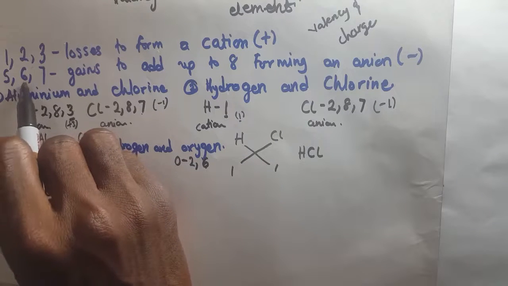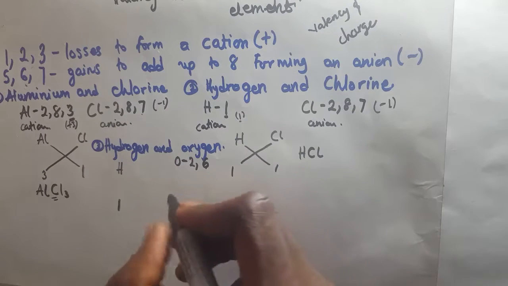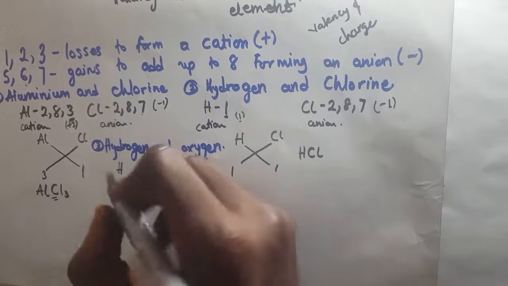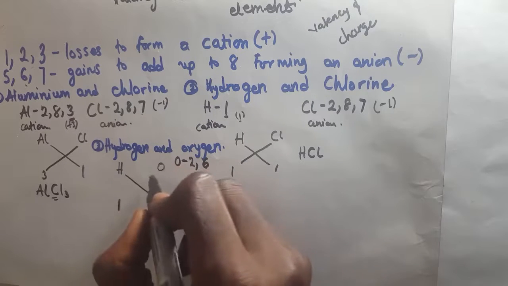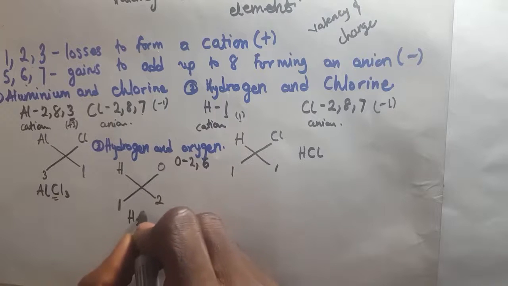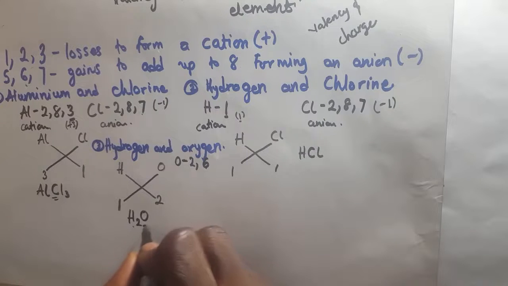So the valency of oxygen is going to be 2. So O here, and you put 2 here. Then you exchange. You're going to have H2 and then O. So this is how water is formed.